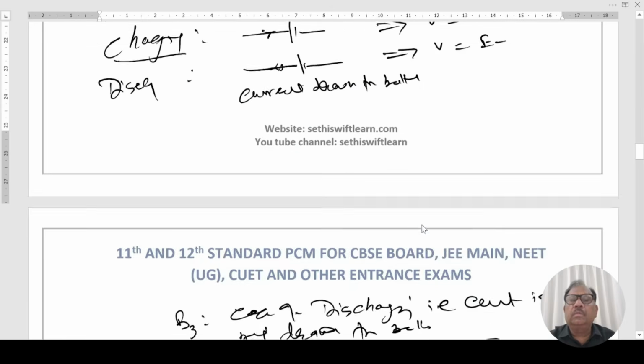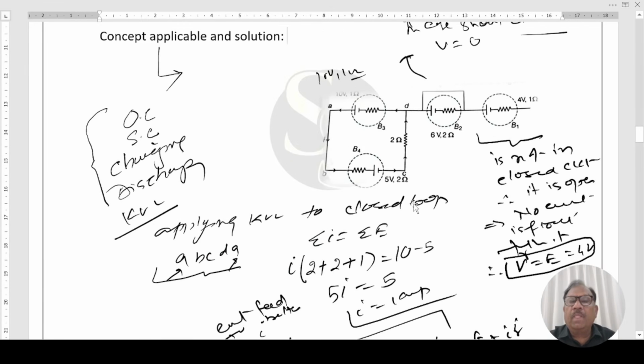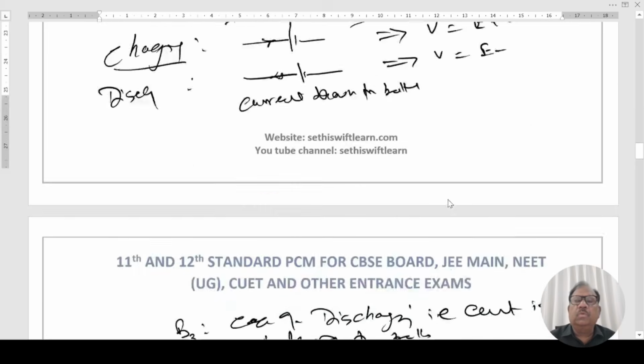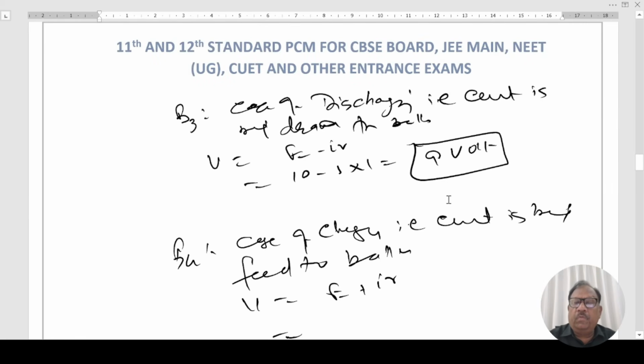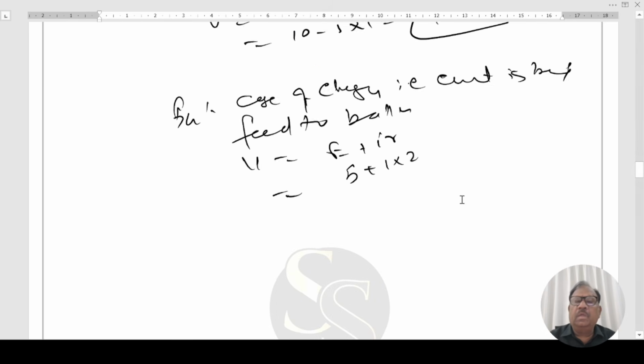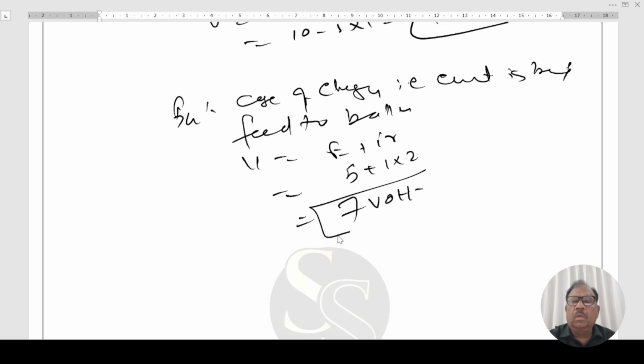V is 5 plus 1 into 2, that is 7 volt. This is all about short circuiting, open circuit, charging and discharging, how to find the potential across the batteries. All concepts have been cleared. Next question.